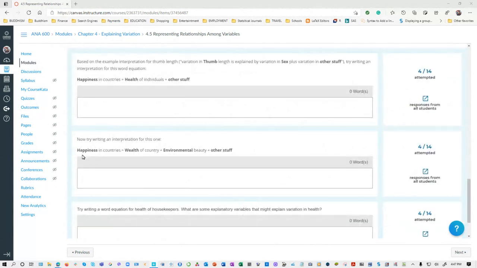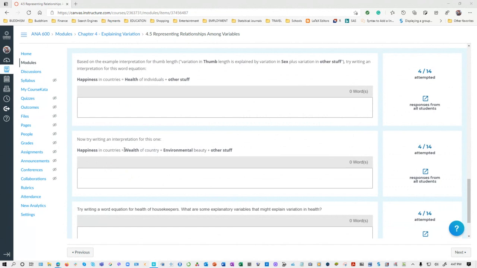See, the happiness in the countries. Happiness is the y variable, wealth of the country, plus environmental beauty, plus other stuff. You can add as many variables as you want for the explanatory variable. See, two explanatory variables. We don't do that here, but if we want, you can add. It's like a multiple regression.